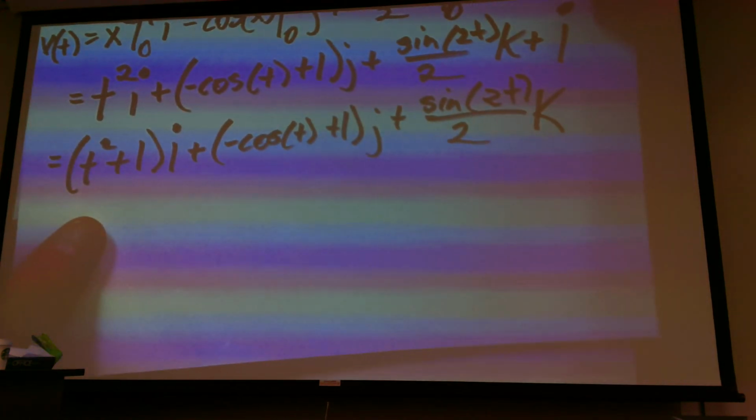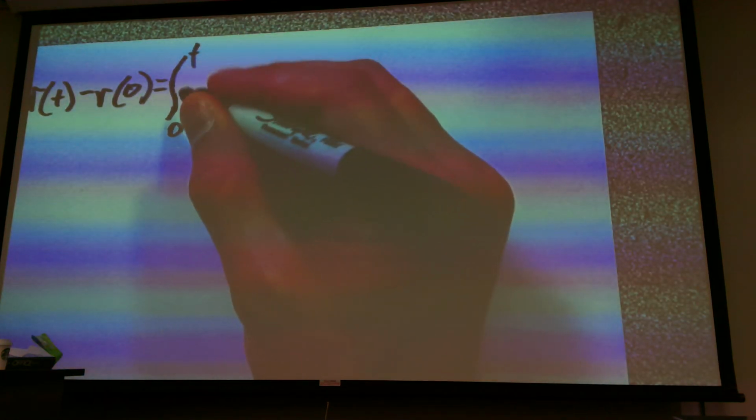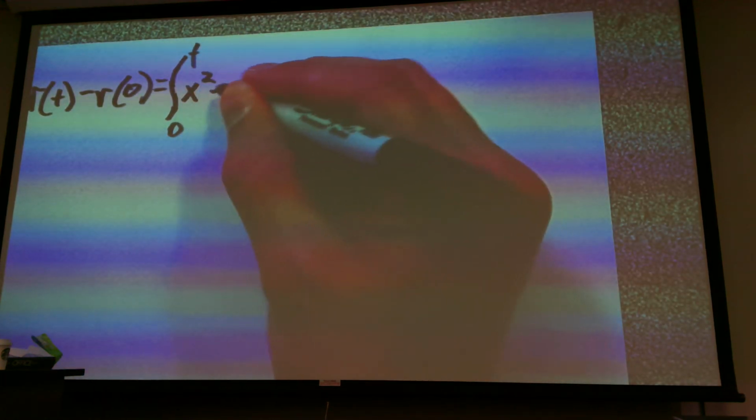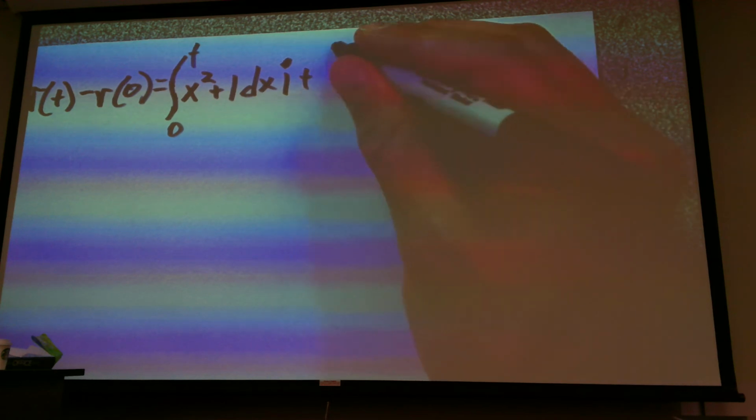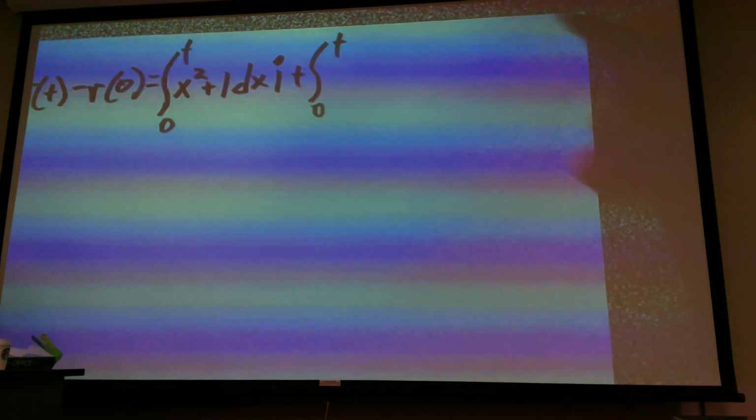And so I'm going to take my first one, t squared plus 1. That's going to be x squared plus 1 with an integral with respect to x times i, plus the integral from 0 to t.